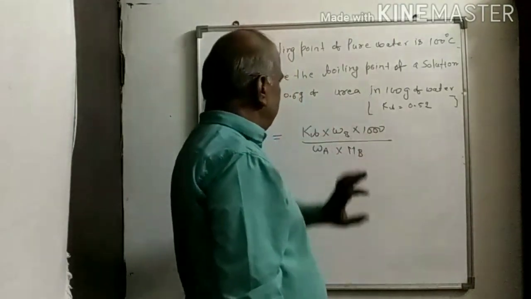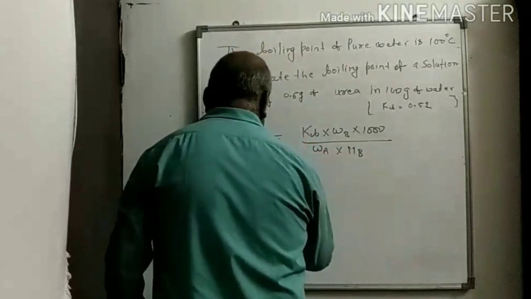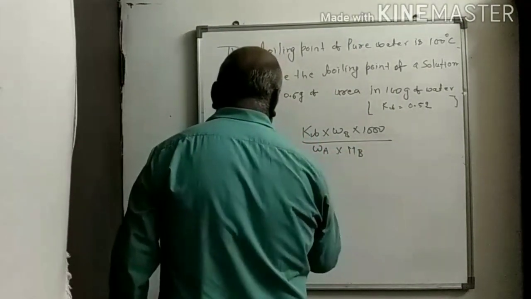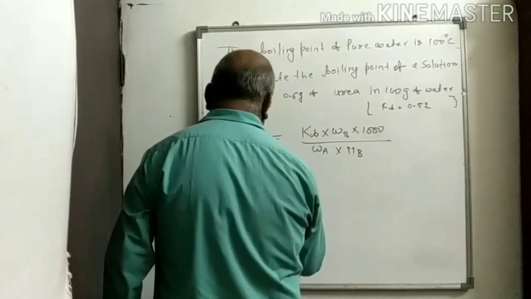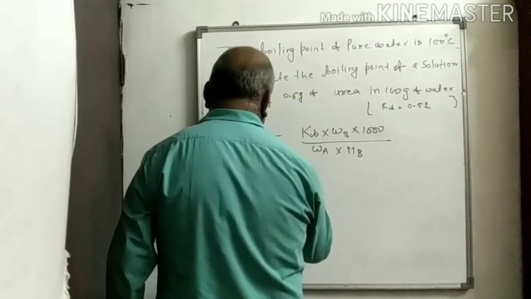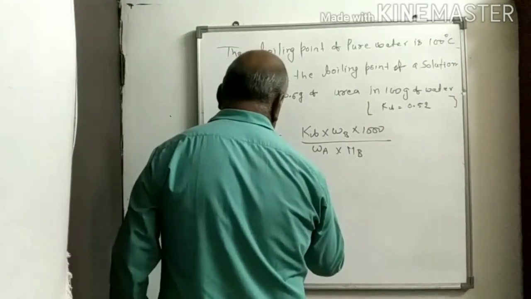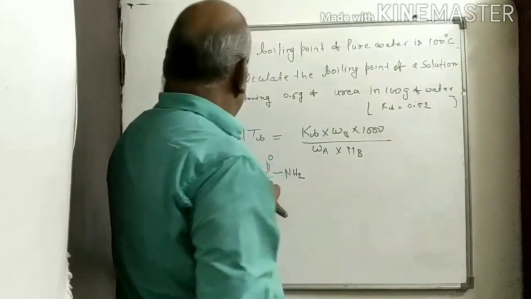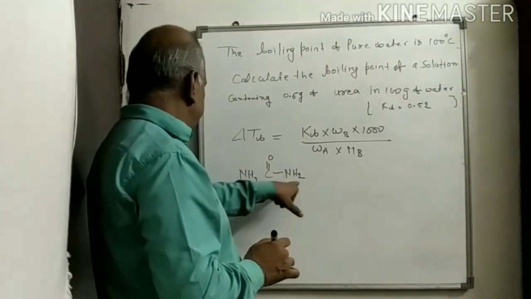Do you know the formula of urea? Anyone? That is NH2 C double bond O NH2. Hydrogen 4 atoms here.